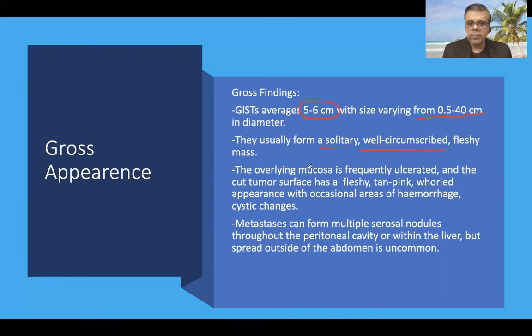Often we see that the overlying mucosa is ulcerated, and the cut surface is again fleshy, tan pink, and a bit of whorled appearance may be seen in many of the tumors, with occasional areas of hemorrhage and cystic changes. Metastases are also common, and metastasis can form multiple serosal nodules throughout the peritoneal cavity or sometimes within the liver.